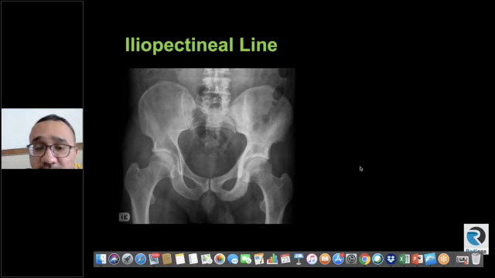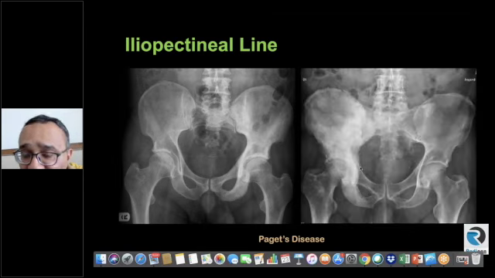You can think about post-radiotherapy change or sclerotic metastases, but with that kind of diffuse sclerotic appearance involving the whole bone, yes, you have to think about Paget's disease. This is a more gross example. So remember to review the iliopectineal line, and if there's any asymmetry, some expansion, some sclerosis, think about Paget's disease.